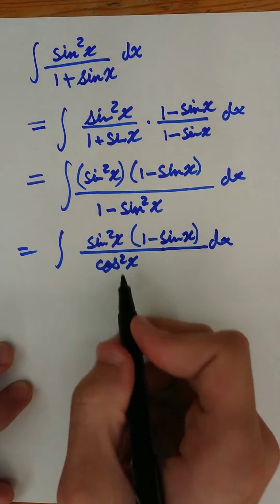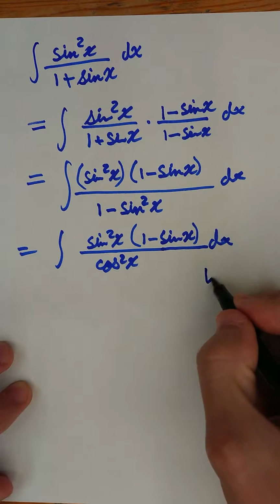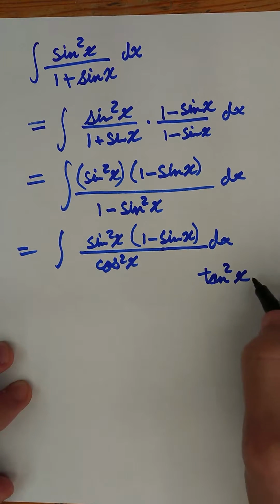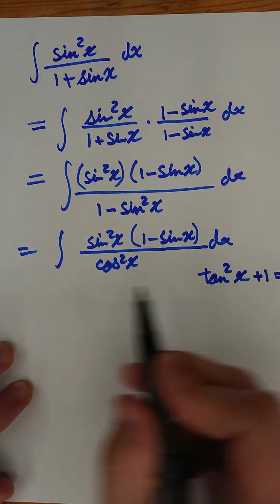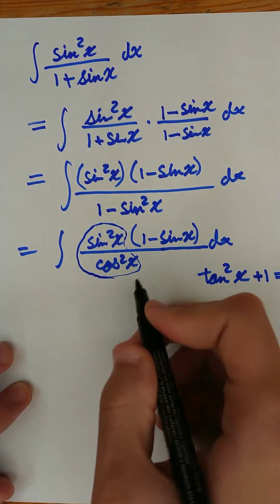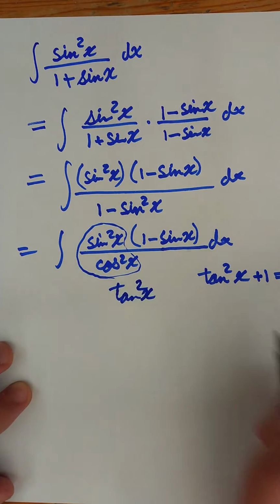So you can see that we have a tan here, and the tan square plus 1 is equal to sec square x. So tan square, this part is a tan in the numerator, of course, tan square.